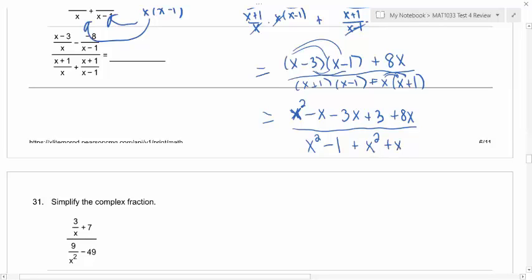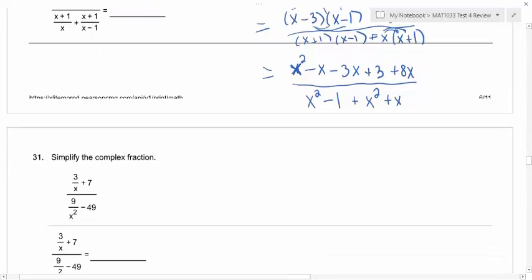Okay, we're still not even close to being done. So combine like terms in your numerator. What does that give you? You got x squared plus 4x plus 3. And in your denominator?